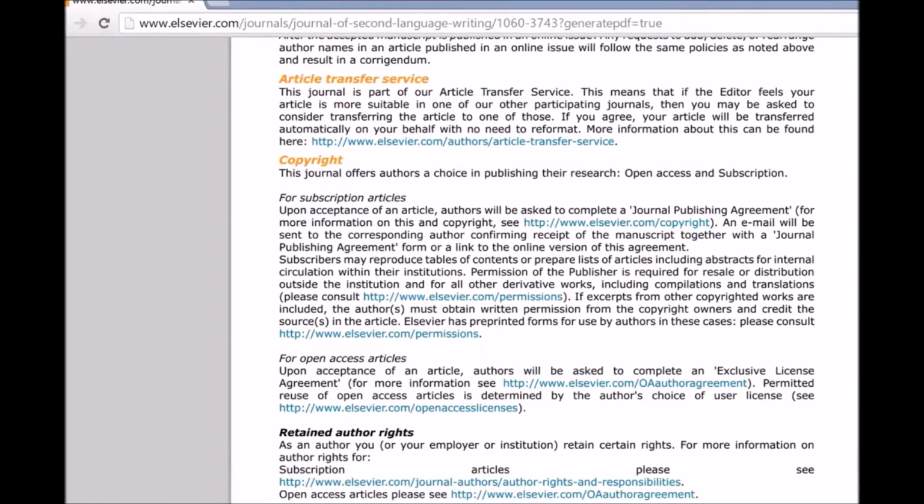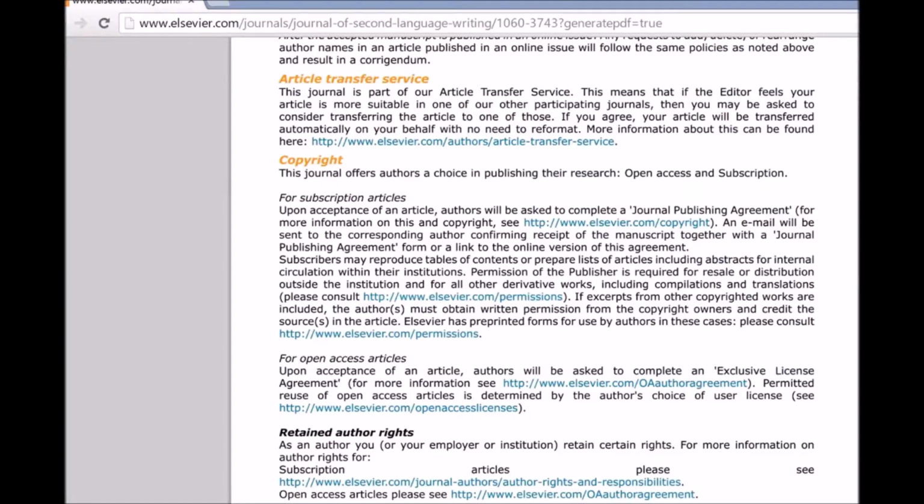We'll talk later in the course about copyright and intellectual property. It's very complicated. Normally you need to submit a form after you've been accepted that gives the publisher a wide variety of rights.